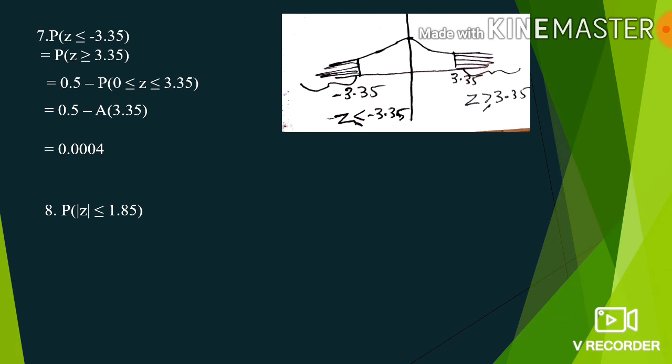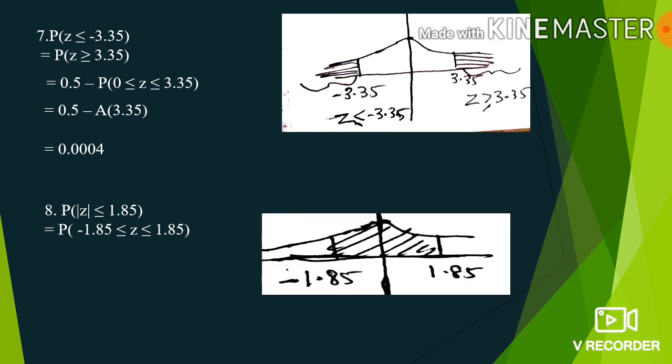Next, P of mod Z less than or equal to 1.85. Modulus Z less than or equal to 1.85 is between minus and plus, which in the diagram is 0 to 1.85 and 0 to minus 1.85. Both are 0 to 1.85. Negative is also A of 1.85.